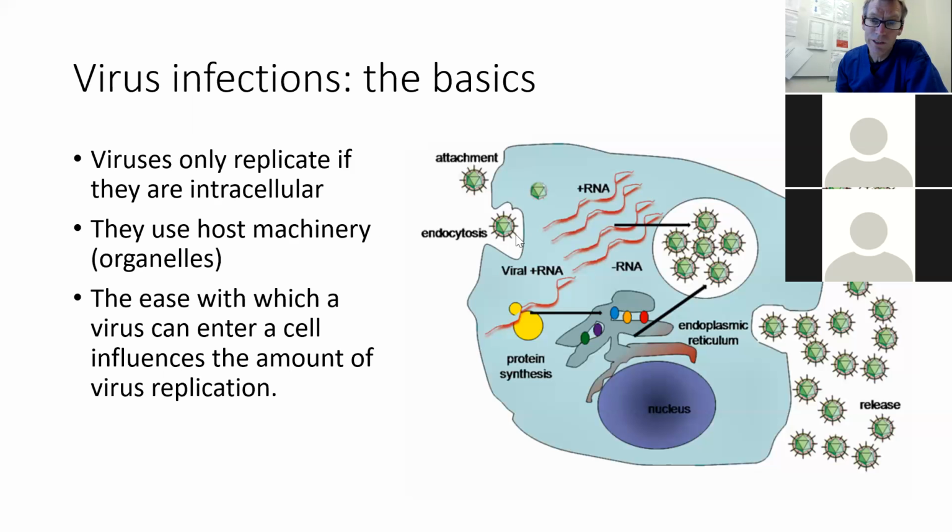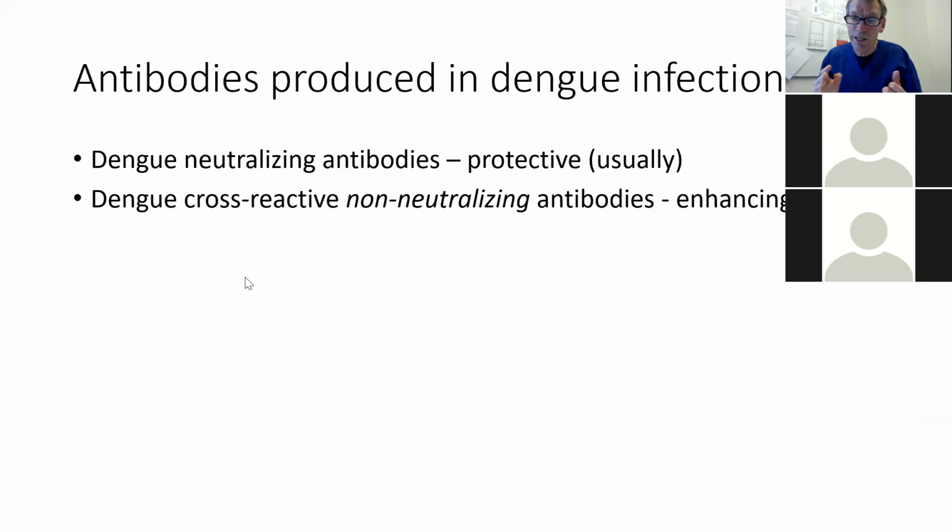When the virus enters the cell, it uses the host's protein synthesis to replicate, and then more virus is released. When dengue infects a person, it enters the cell and it generates an immune response. And the immune response is twofold with dengue. One is that there are protective antibodies.